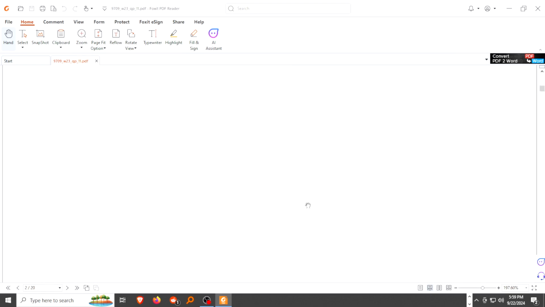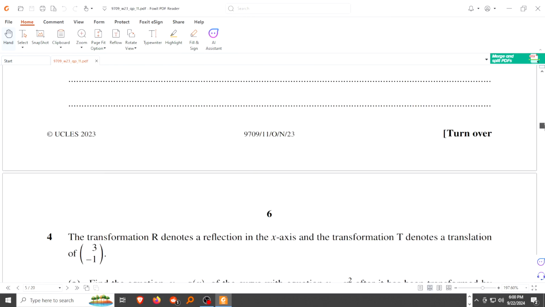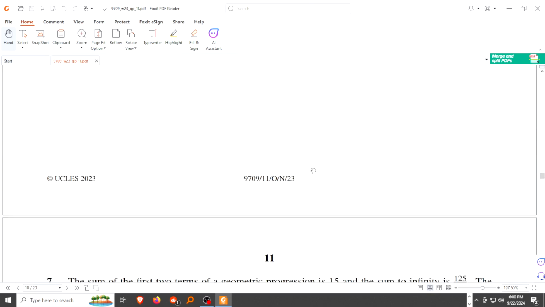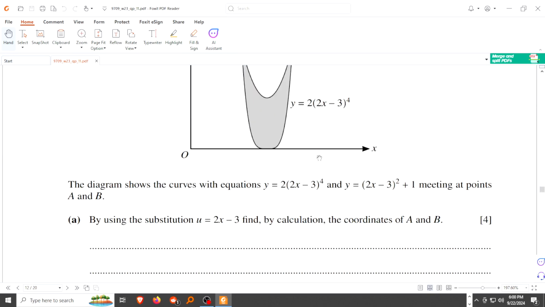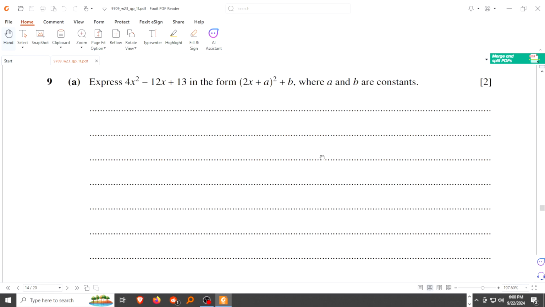Now, the question of interest today is question 9. Question 9 reads: express 4x squared minus 12x plus 13 in the form (2x plus a) squared plus b, where a and b are constants.